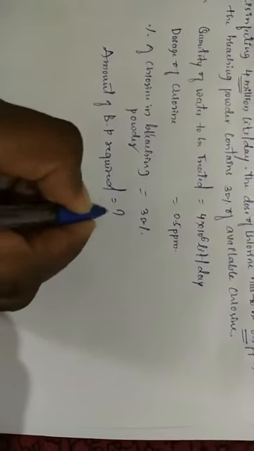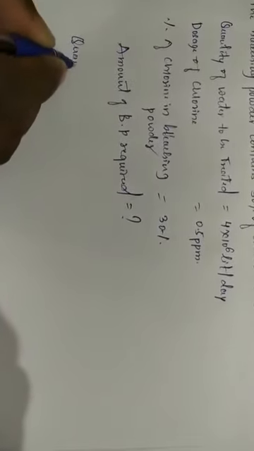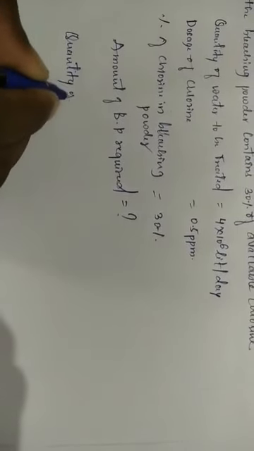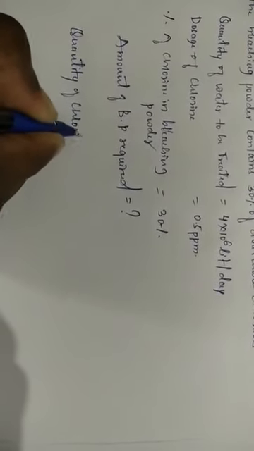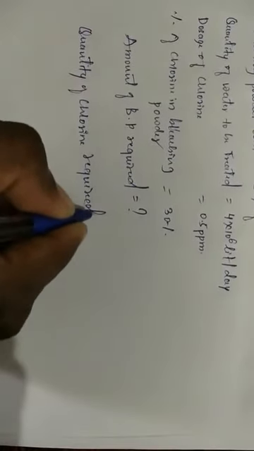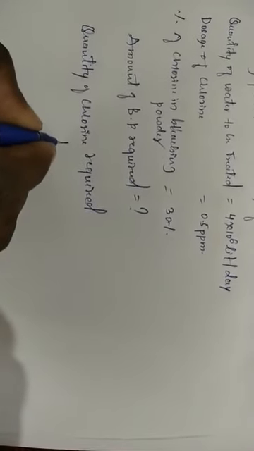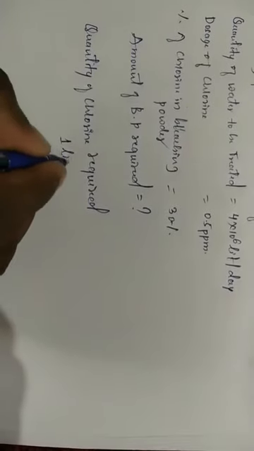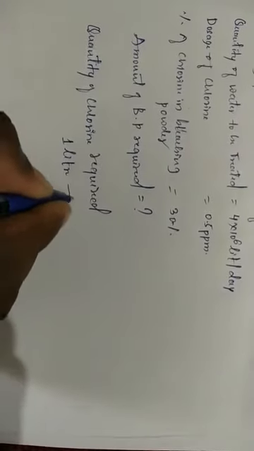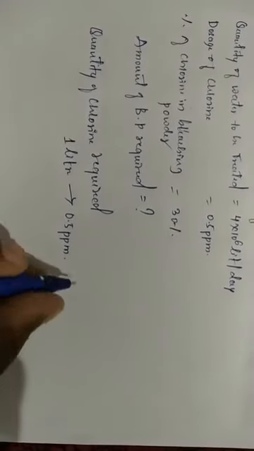This equals how much? This is the question. First we have to calculate the quantity of chlorine required. As we know, in the question they have given that for 1 liter of water the chlorine requirement is 0.5 ppm, or you may call it milligram per liter.